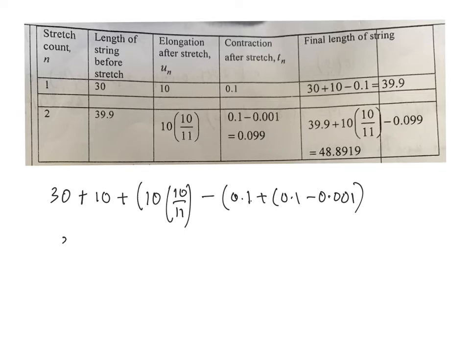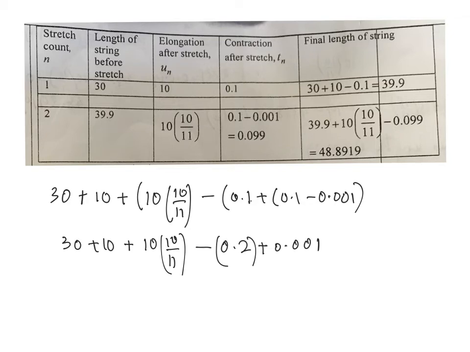30 plus 10 plus 10 times 10 over 11 plus this, it should be minus 0.1, so 0.2 minus, if I open up this bracket, it should be plus 0.001.